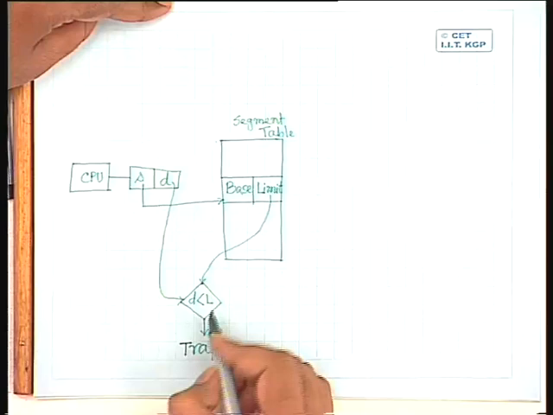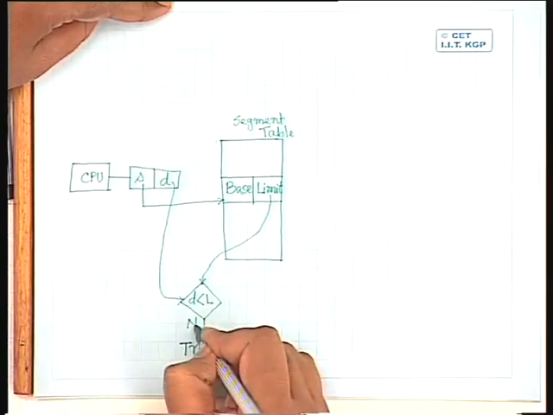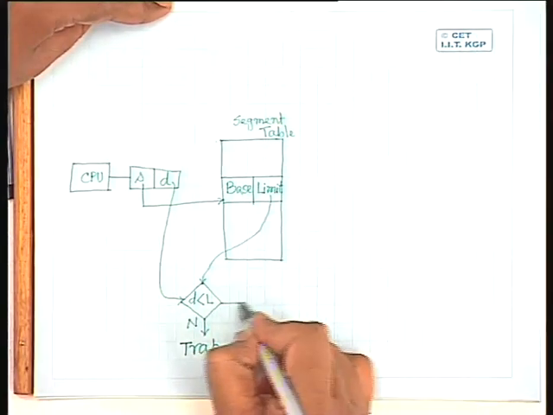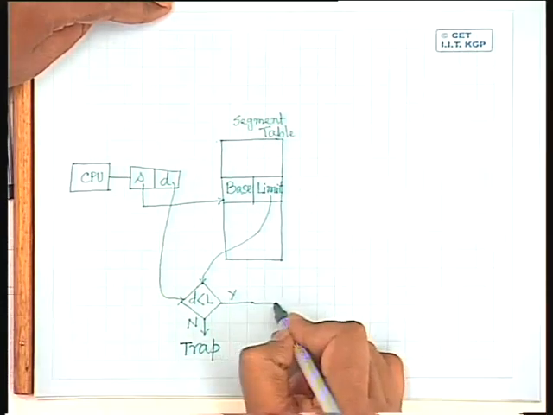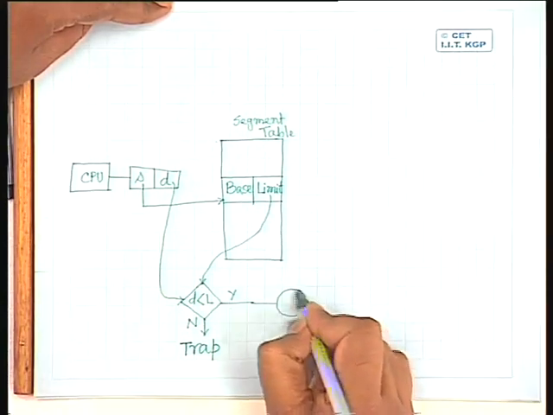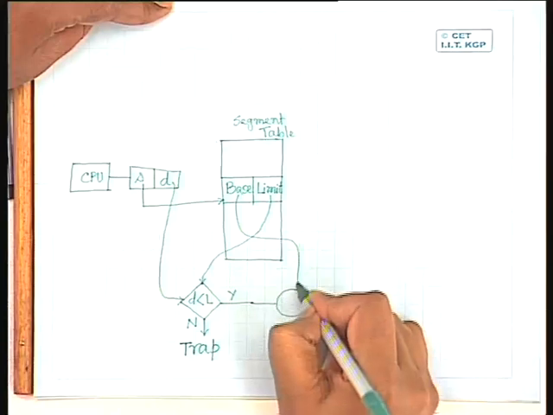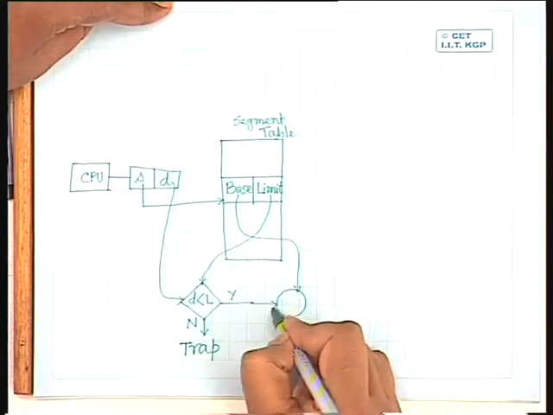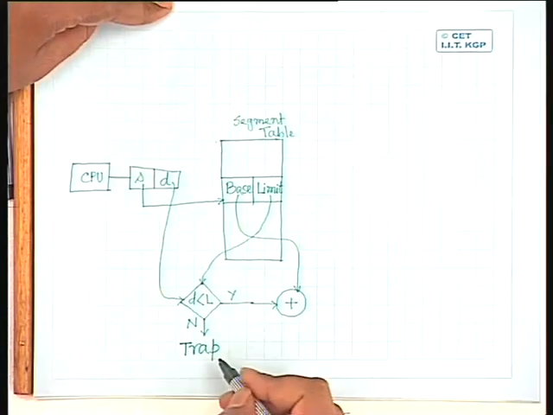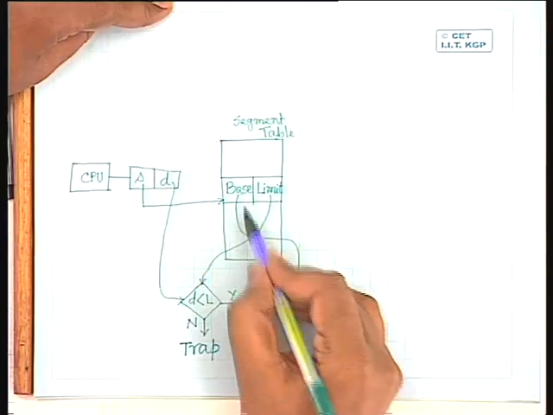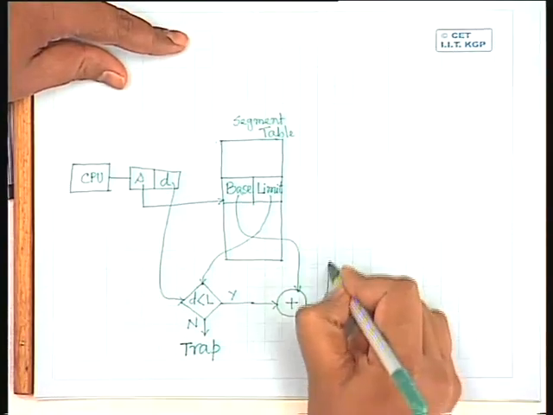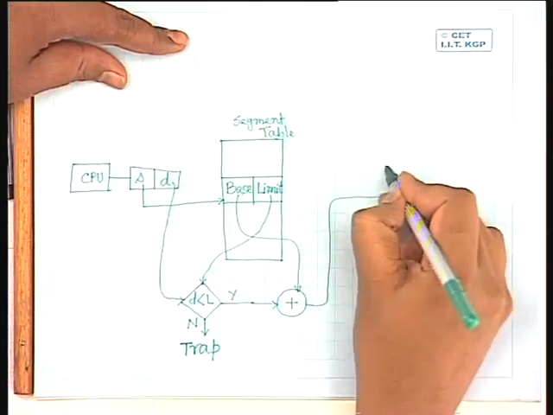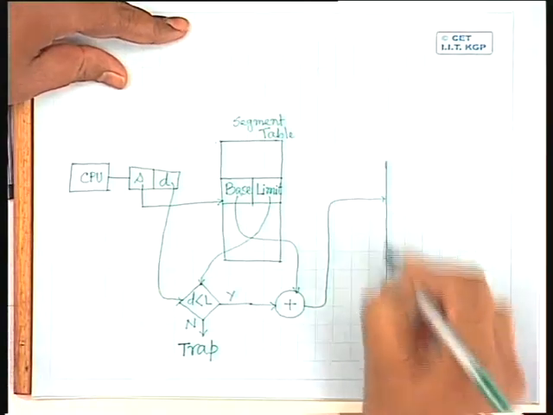In case D is less than L, so this is no. If D is less than L, in that case what I have to do is add this D with the base address, okay, because whenever you add base address with the offset, that gives you the physical address within the main memory of the instruction or data that is required.